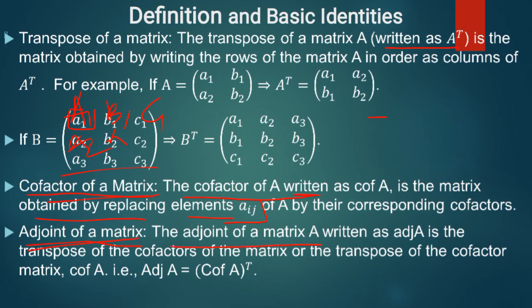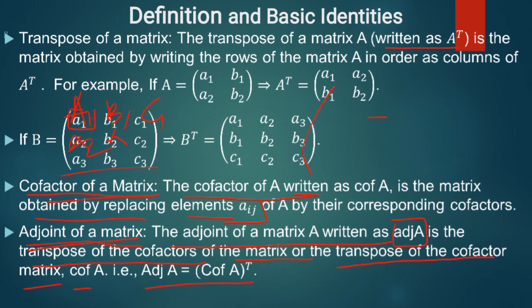The adjoint of a matrix A, written as Adj A, is the transpose of the cofactors of the matrix, or the transpose of the cofactor of the matrix, cof A. So if you want to find the adjoint of A, all you need to do is find all the cofactors.